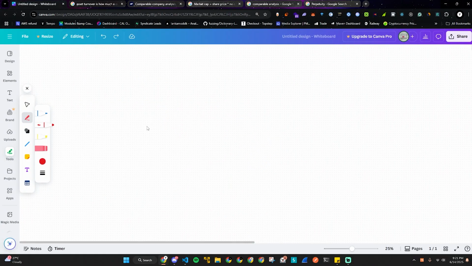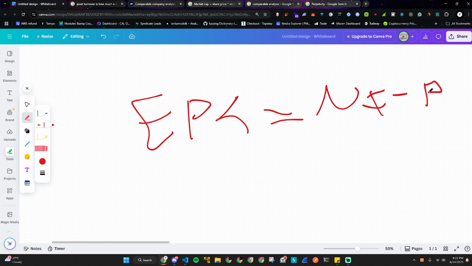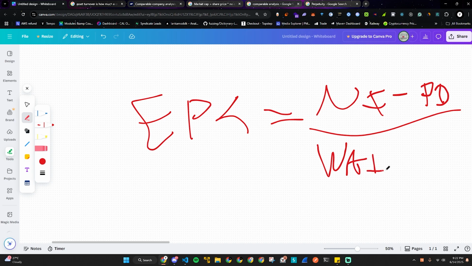Okay, let's do this now. Randomly recall, EPS is equal to net income minus preferred dividends. That means preferred stocks you've invested in. Let's think of it like that. And we're over weighted average invested capital. I think in weighted average the return on assets, right?